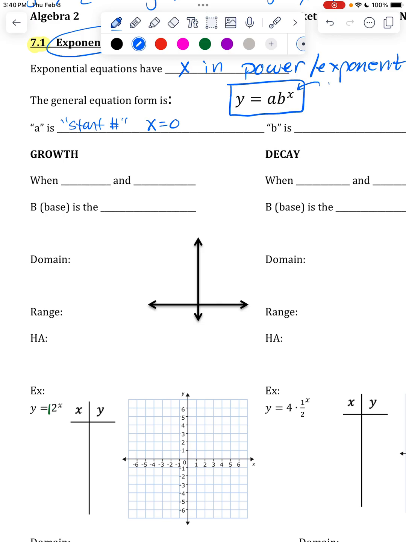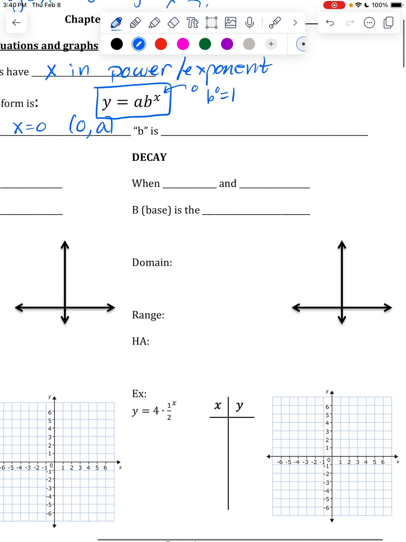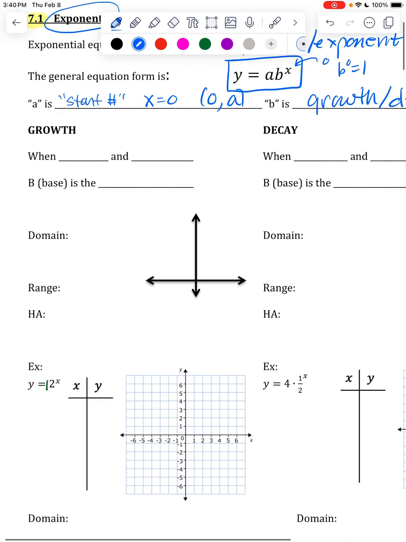And if that was a 0, b to the 0 would be 1, multiplied by a would be a. So when you plug in 0, you get out that a value. B is the growth factor or the decay factor, and we'll determine that in a minute, but it's the base, meaning the thing raised to the power.